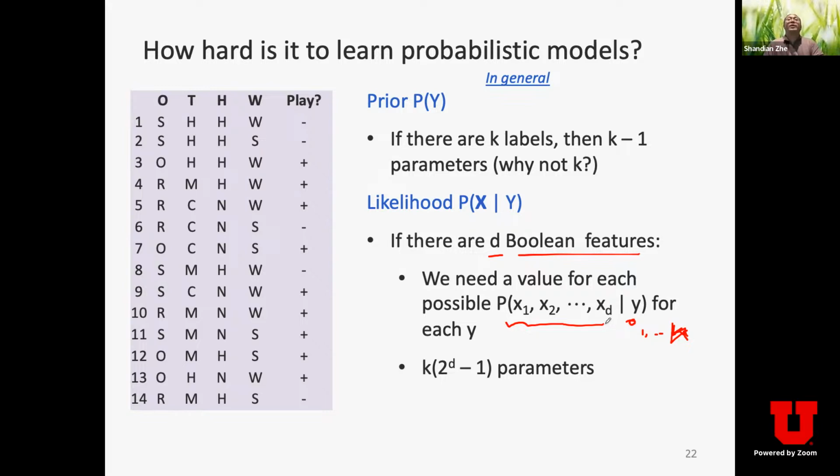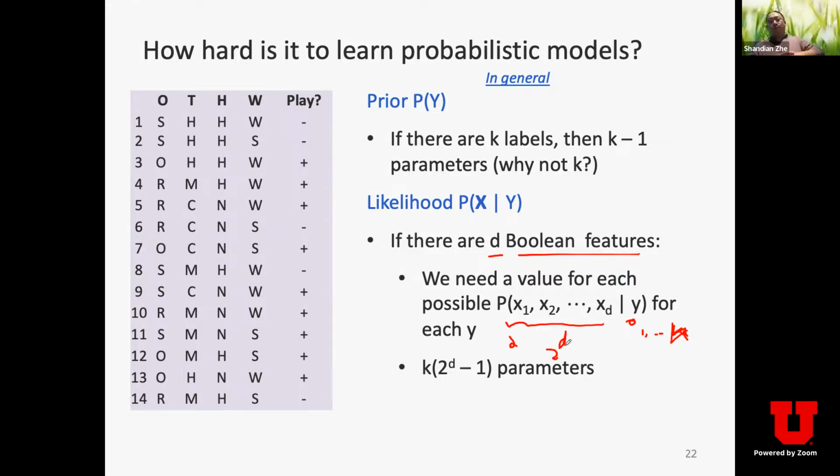So how many configurations do we have for these D binary features? Any thought? Yes, exactly. You just need to look at how many configurations in total. Each feature has two possible values, so D features will have 2 to the power of D configurations.